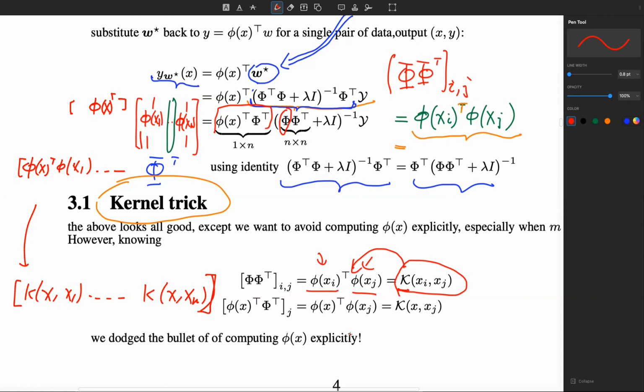Which means that we're not touching the individual values of your phi matrix or phi vector, but we are getting it in a form in which we are computing its inner product. And just remember, this is the kernel trick. Sounds okay?